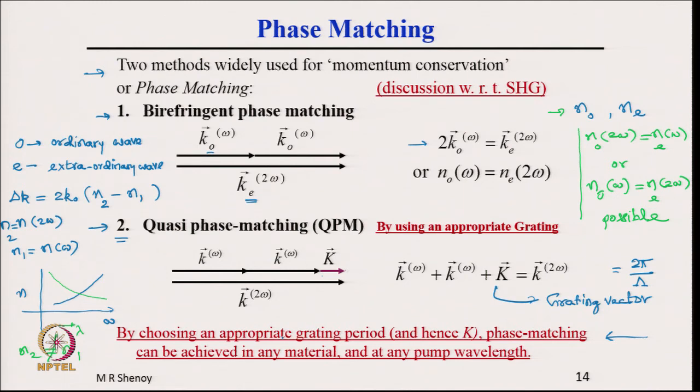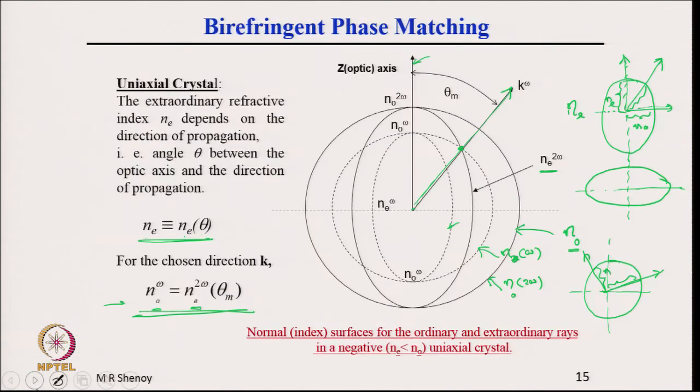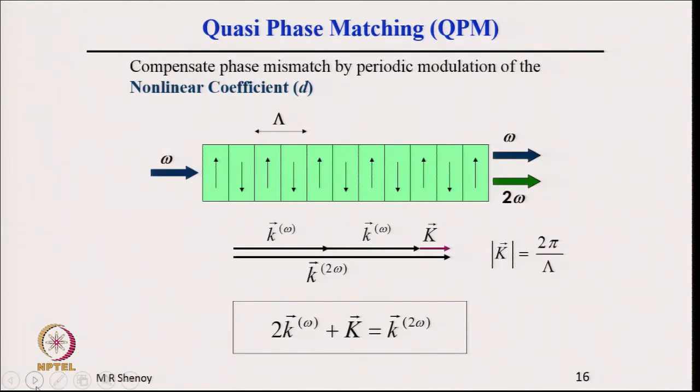We will not have time to go into the details of this, but this is a very important technique by which we can achieve quasi phase matching. So, very quickly illustrated here, this grating is achieved by periodic modulation of the nonlinear coefficient d, that is by inverting the ferroelectric domains.